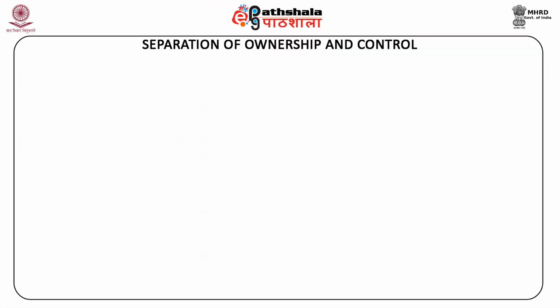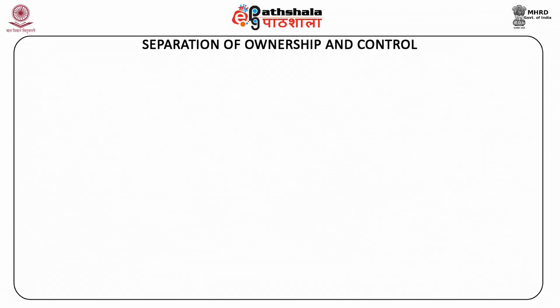Managers' decisions regarding price and output determination vary considerably from those having profit maximization as the main objective. In this module, first we shall discuss the concept of ownership and control and then shall discuss Williamson's managerial discretion theory.